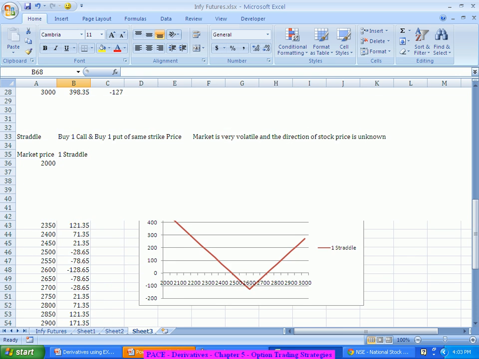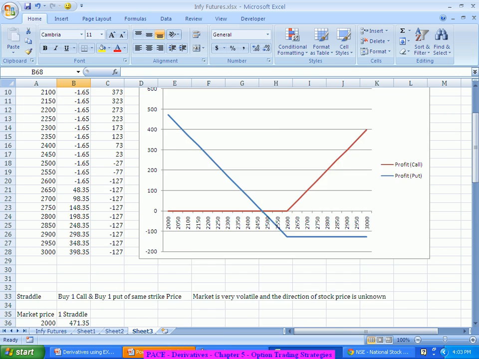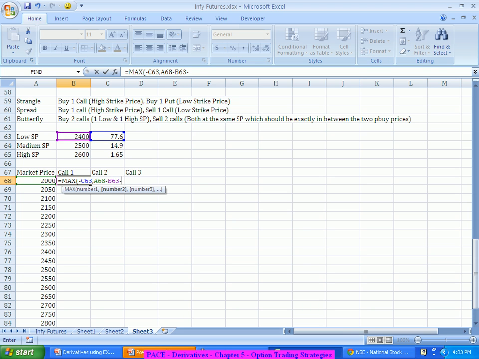Just the same logic which we have written here, I can write it here also, which is probably just for a brush up again, the max of, I'll either have the negative of the premium, comma, the market price minus the strike price minus the premium.